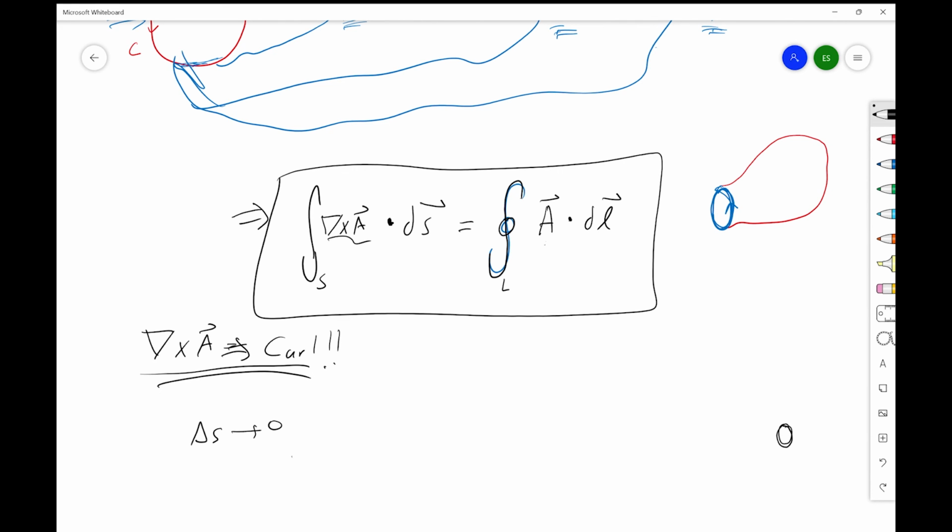For a volume, it doesn't matter. We can make a volume really small, it becomes symmetrical any way you look at it. For an area, when you make it infinitesimal, you have to ask yourself, okay, where is it pointing? The disk of the area, what direction is it pointing at? And we want to encode that by writing nabla cross A dot the direction of S, representing it by a unit vector in the direction of the infinitesimal area.